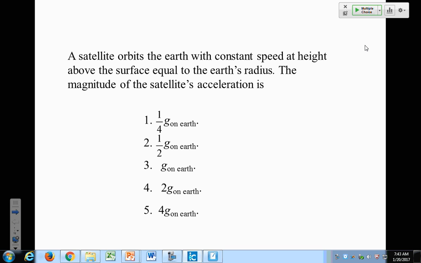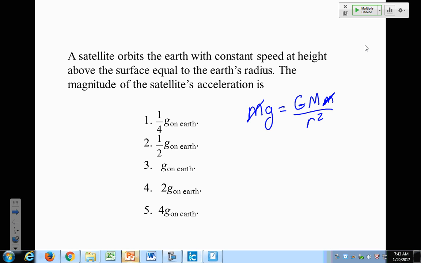Okay, before I show you the answer, let me remind you that we said that F equals mg, and that F between 2 objects on the surface of the Earth is going to be G times the mass of the Earth times the mass of the object over r squared. Since the m's cancel, that would be the mass of an object, we get this expression for the acceleration due to gravity, which is GM over r squared.